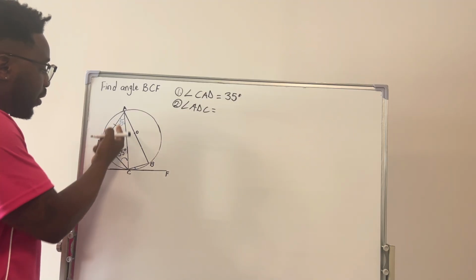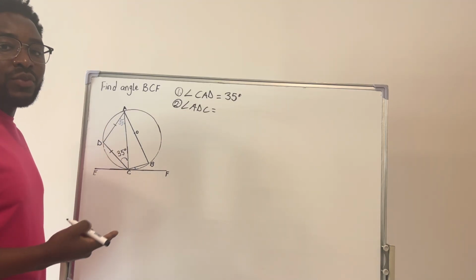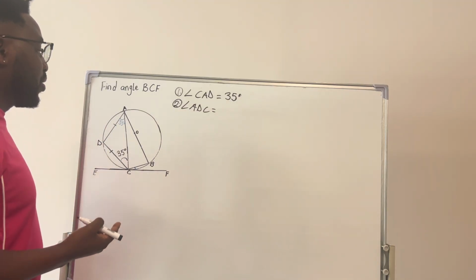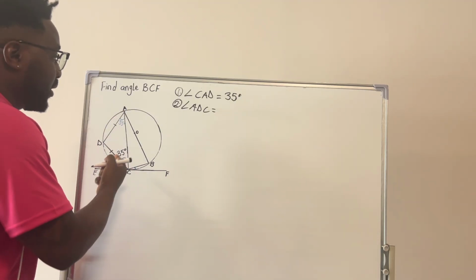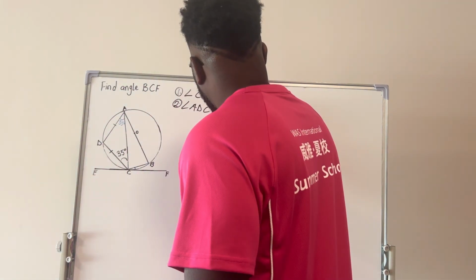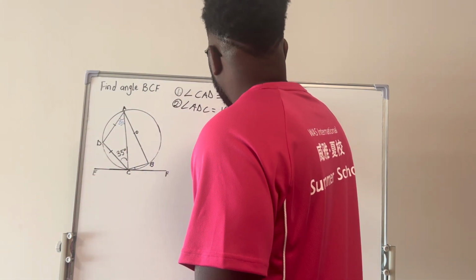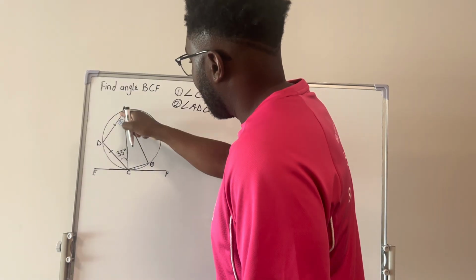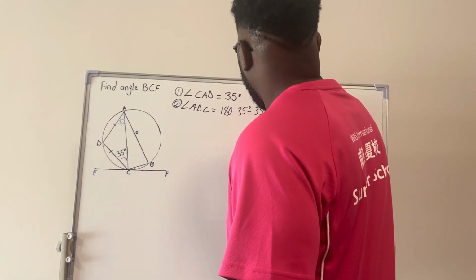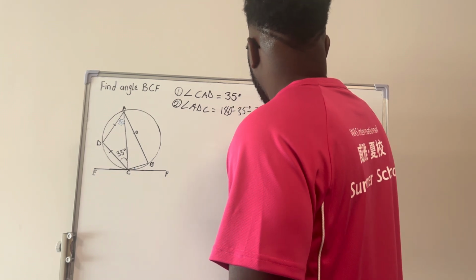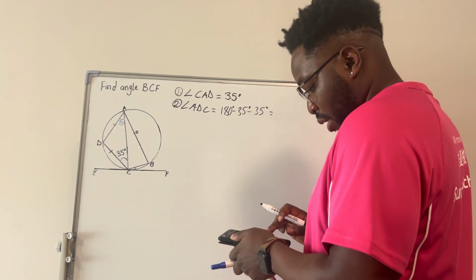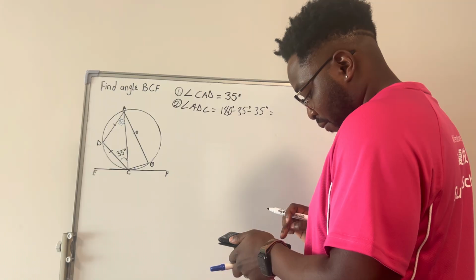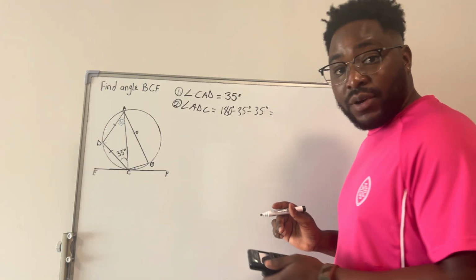We do know that all angles in a triangle sum up to 180. So for us to find angle ADC, we just have to subtract 180 minus 35 minus 35, the opposite two base angles over there. And then what would that give us? 180 minus 35 minus 35, that will give us what?